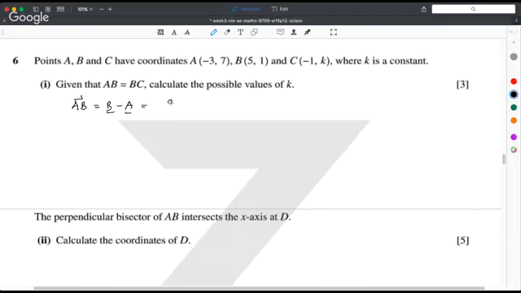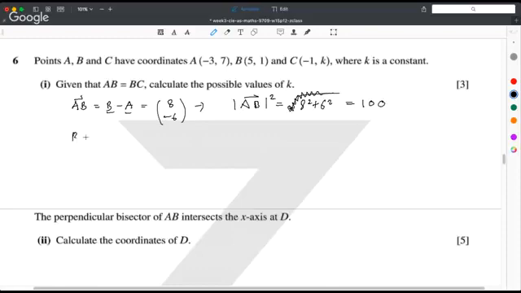So that's equal to (8, 6), and the mod of it, the length of it, is square root of 8 squared plus 6 squared, which is equal to 10. In fact, let's just take the squared. So the mod squared is 100.